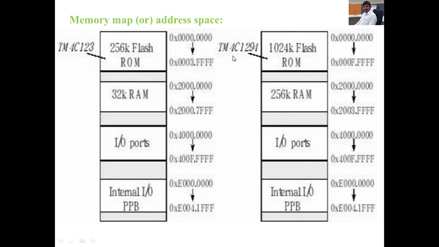Similarly, in the case of the TM4C129 series family, the first 1 MB of memory is assigned for flash memory, ranging from 0 to 1 MB, that means 0 to FFFFF. Next, the RAM range is 256 kilobytes, ranging from 2000 0000 to 2003 FFFF. Similarly, the IO information memory ranges from 4000 0000 to 400F FFFF.